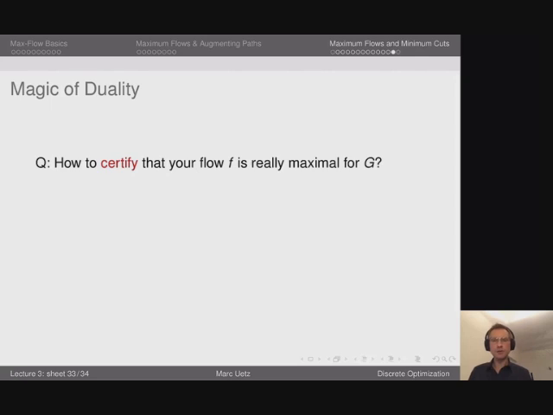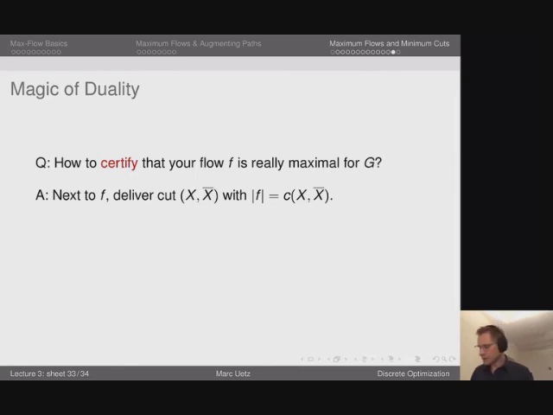So how could you convince me that your flow is really maximal? That would be a sort of optimality proof that I can also easily check. And the answer is simple. Next to the flow, you also deliver me a matching cut. By matching cut, I mean a cut that has as capacity the same as the flow value. Now I can very easily verify that the flow value is equal to the cut value. And I can also accept this as a proof, because I happen to know the weak duality theorem.